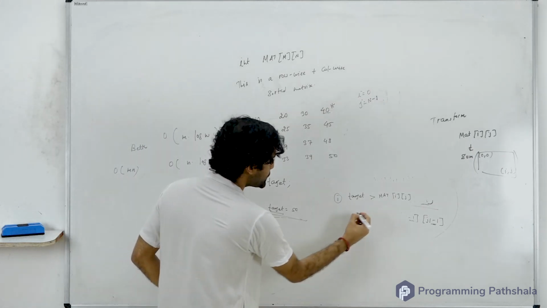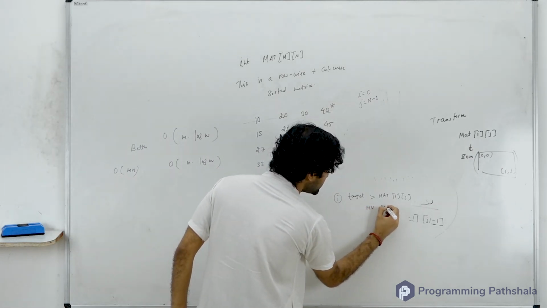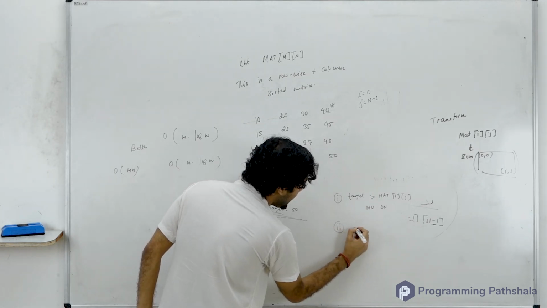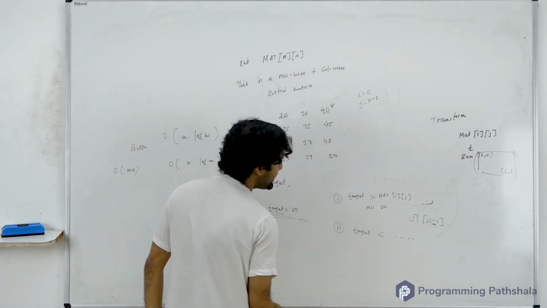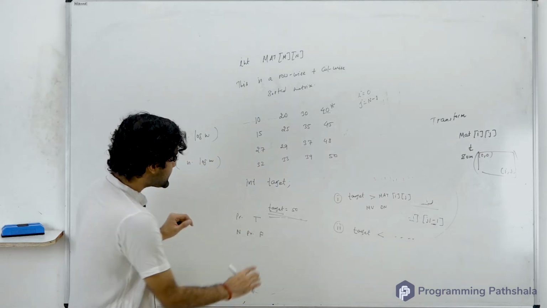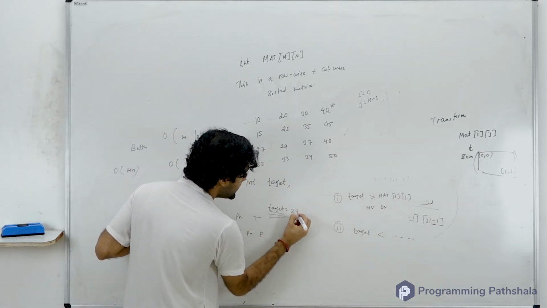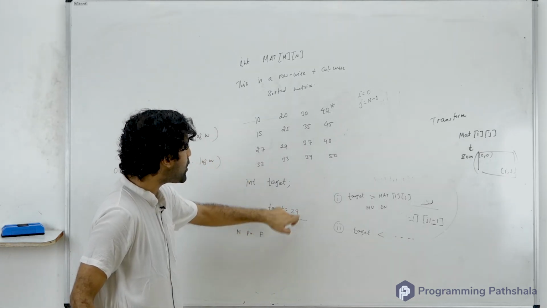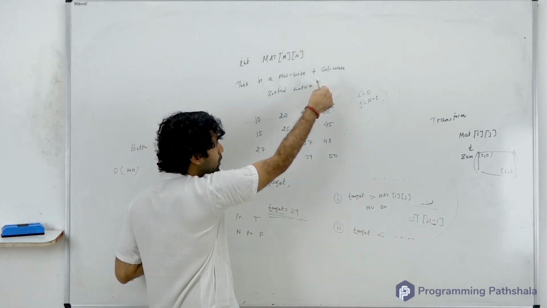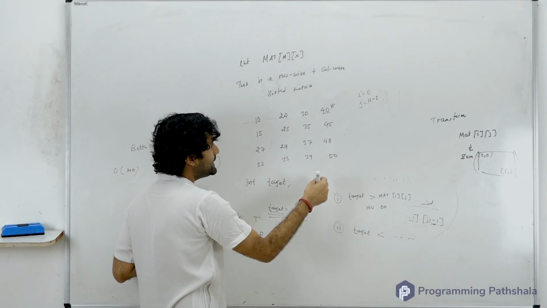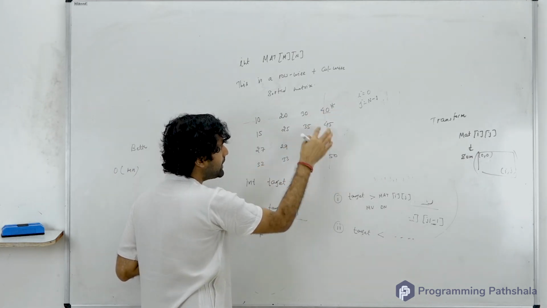So basically I'm writing move down. The second thing is that your target could also be smaller than your matrix[i][j], like it is happening in this case. If my target is smaller than this particular element, then this entire column is useless for me, so I scrap this entire column and then I move left.